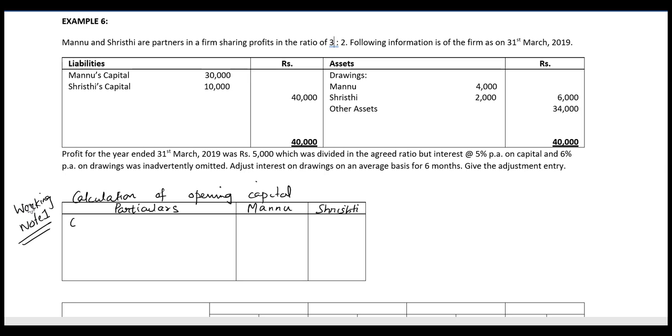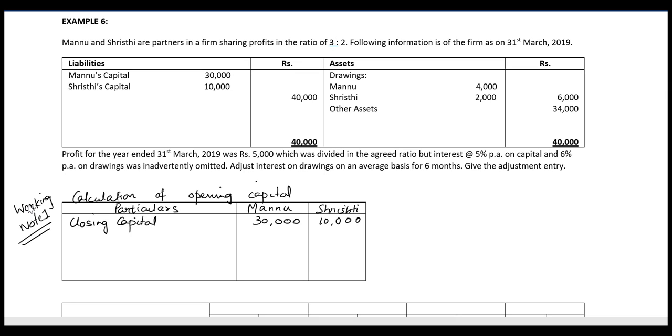Let's begin with the closing capital. It's 30,000 for Manu and 10,000 for Shrishti.